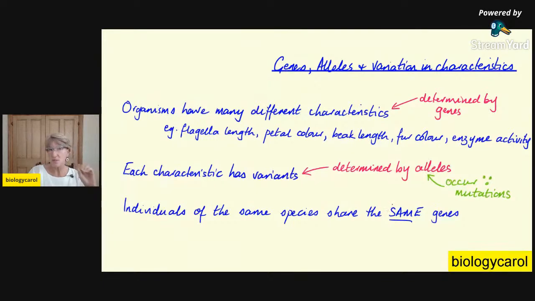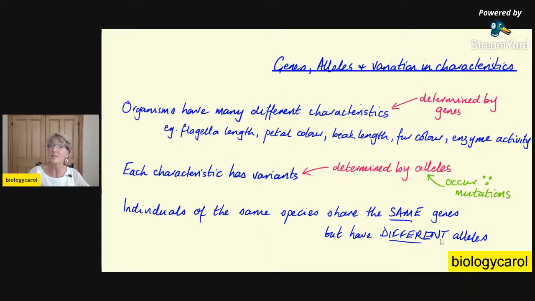Individuals of the same species share the same genes. I have exactly the same genes as you do. What is different between us is that we have very different combinations of alleles, which is why I am completely unique genetically, and so are you, because each of us has a completely unique combination of alleles, which gives rise to different variations in each of our characteristics.